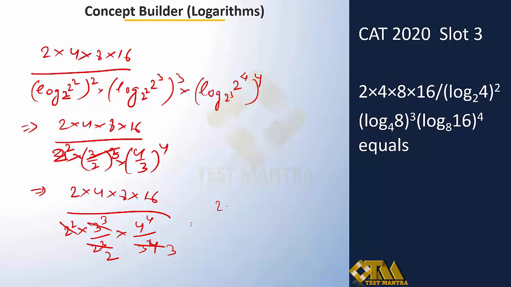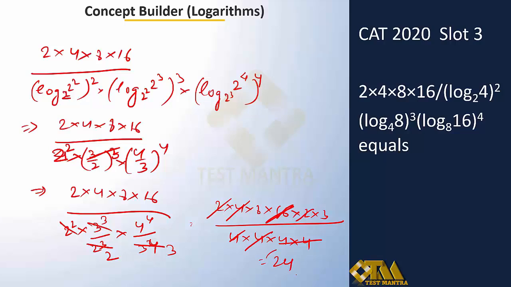So now it's 2 into 4 into 8 into 16 into 2 into 3 divided by the values available, which would be nothing but 4 raised to 4. Alright, 4 into 4 into 4 into 4, so that it will be easy for us to work on. 4 into 4, 16 is cancelled, then this 4 is cancelled, 2 into 2, 4 is cancelled, so it's nothing but 24. My value is supposed to be 24 here.